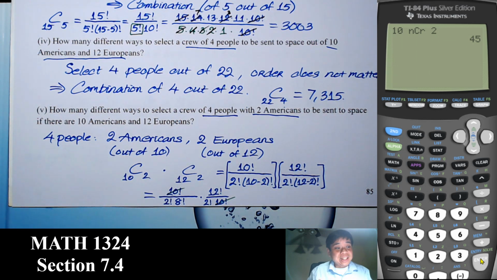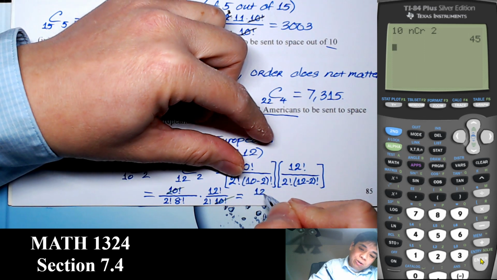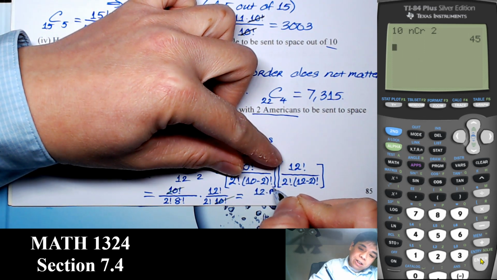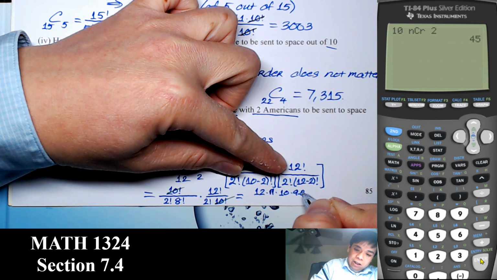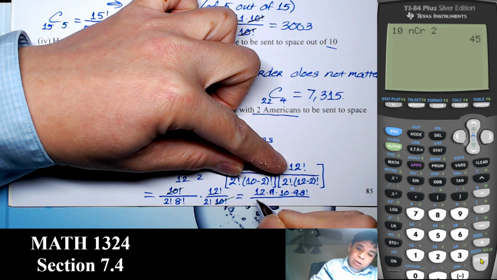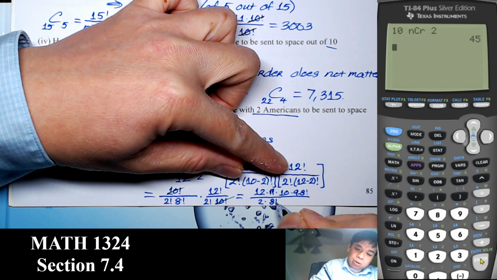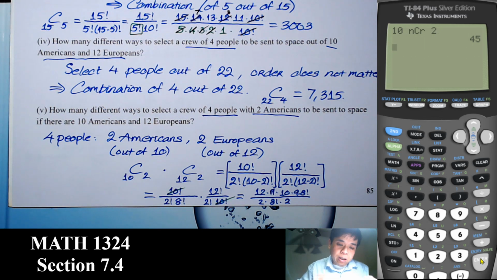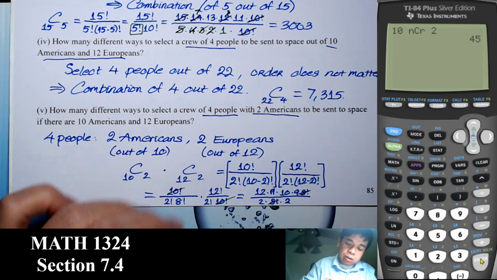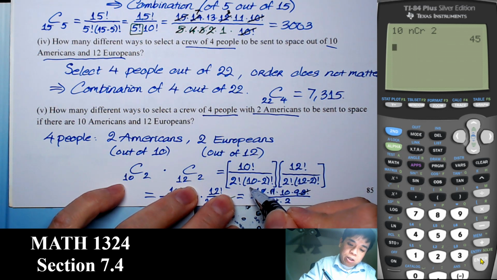So 12 factorial would be 12, 11, 10, 9, 8 factorial, over 2 factorial, and 8 factorial, and then 2 factorial again is 2. So cross out the 8 factorial. 2 times 2 is 4, which cancels with 12, so it's going to be 3.